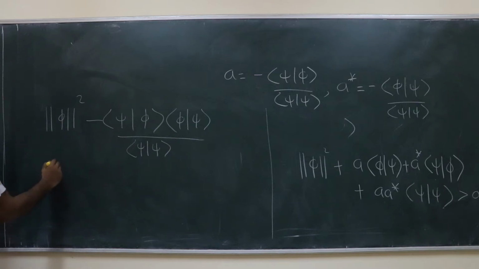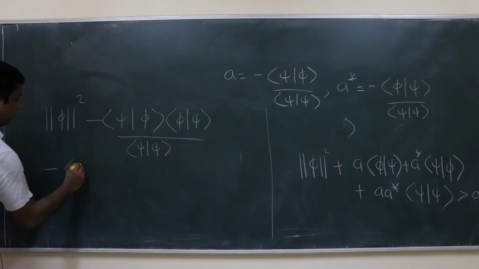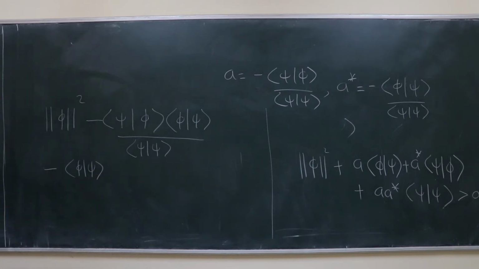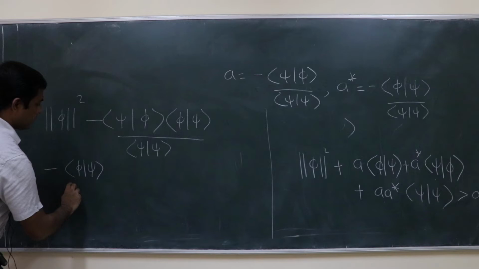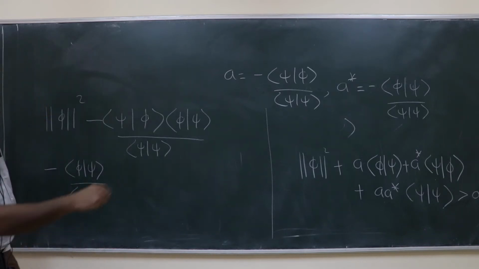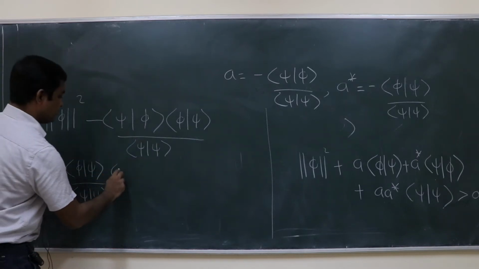The next term is minus bra phi ket psi divided by bra psi ket psi, times bra psi ket phi.